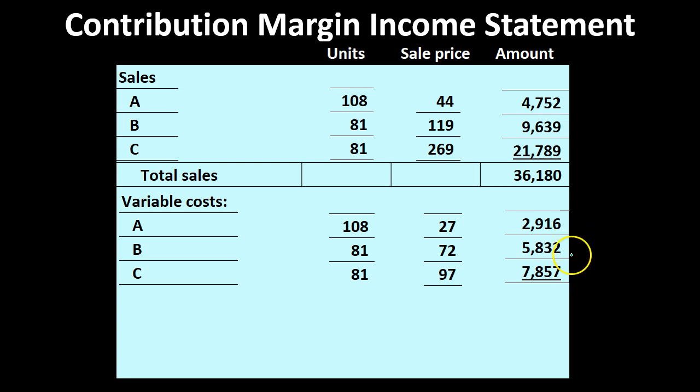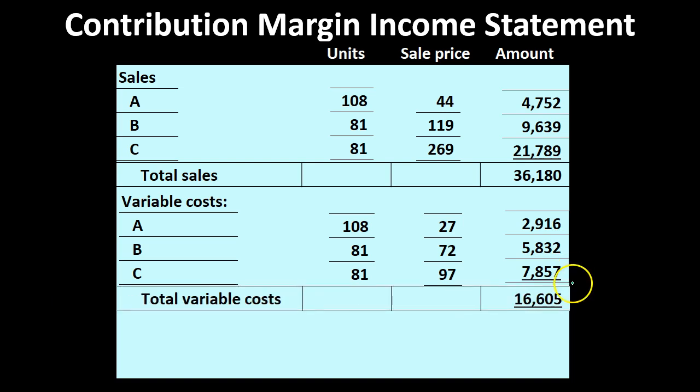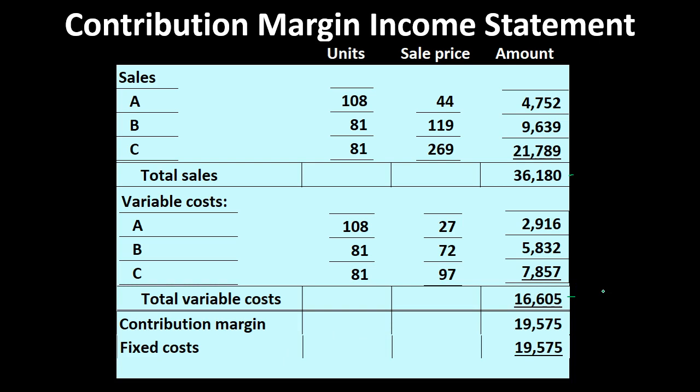Adding up the 2,916, the 5,832, and the 7,857, we get the total variable cost of 16,605. Then if we take the sales minus the variable costs, that's our contribution margin, 19,575. If our break-even analysis is correct, then that should match our fixed costs to have a 0 profit. And that's what we've basically shown here.